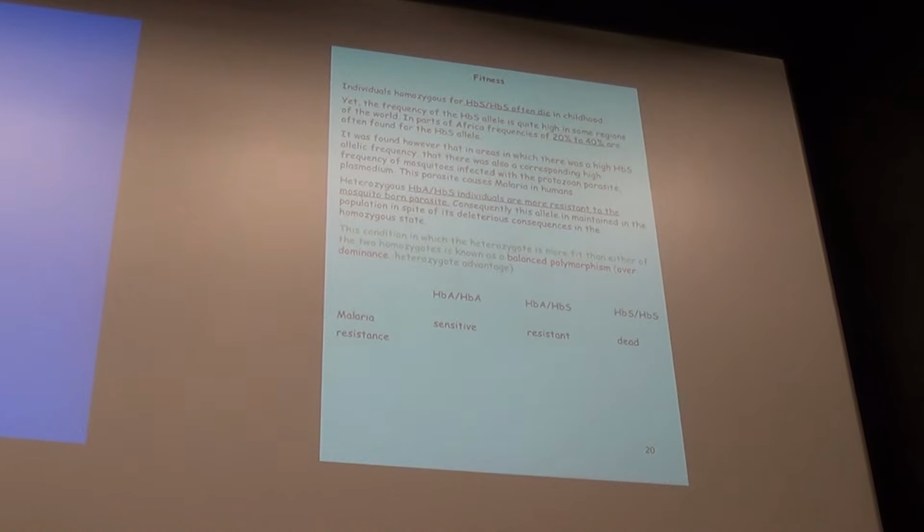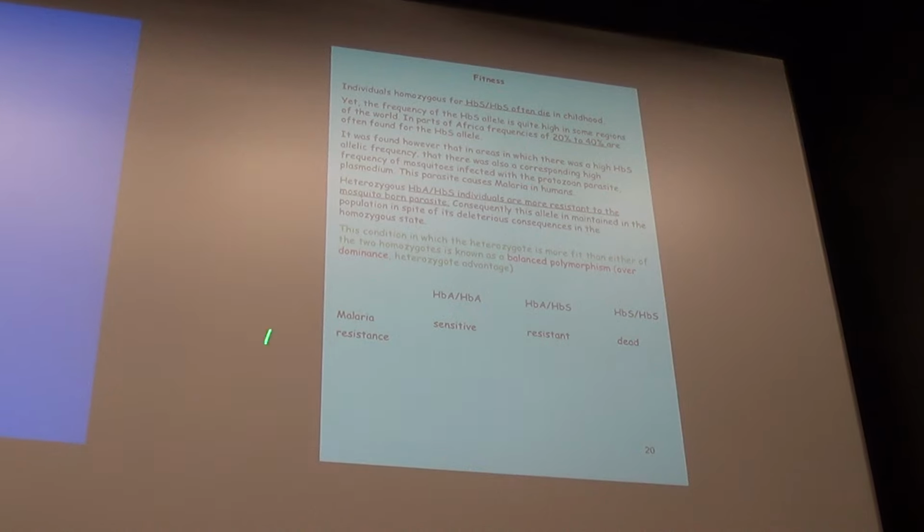Okay. And then if you look at yet another phenotype of these individuals, their resistance to malaria. When you analyze this, you find that the heterozygous condition has a new phenotype that neither homozygous condition has.